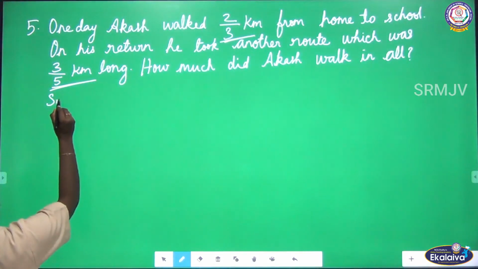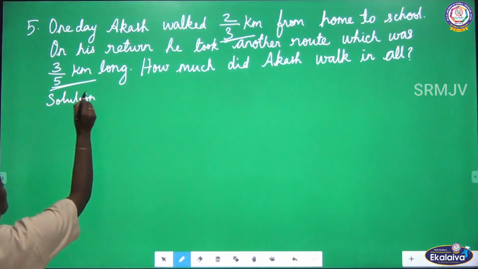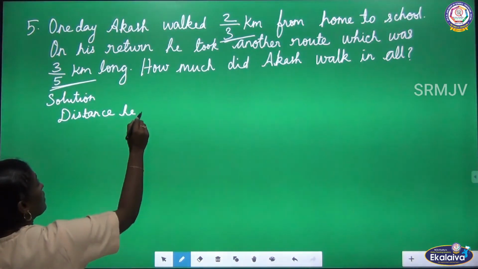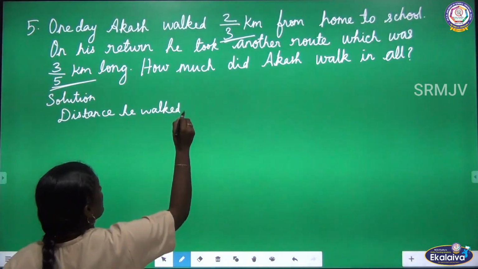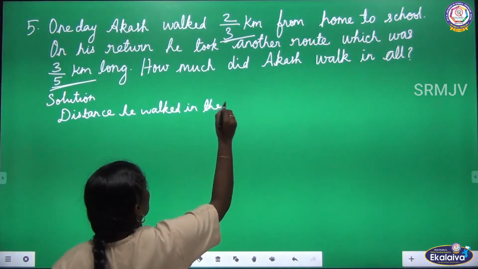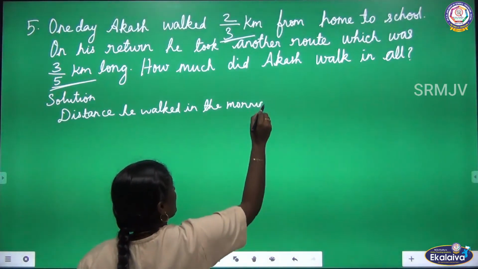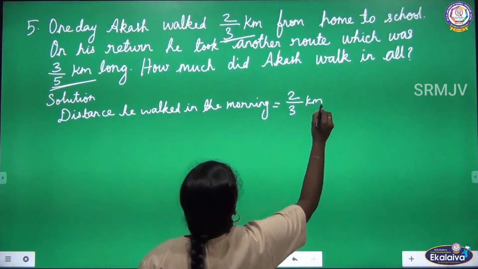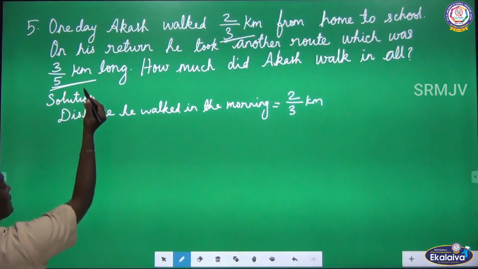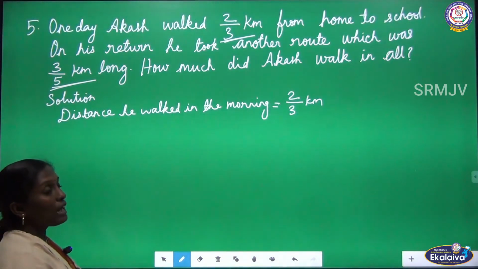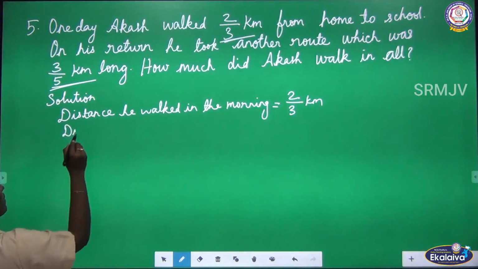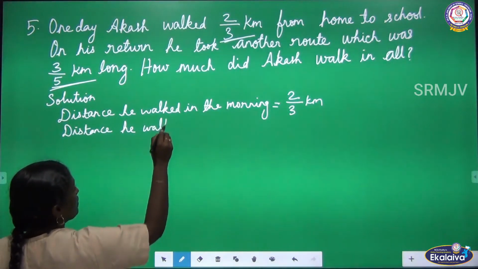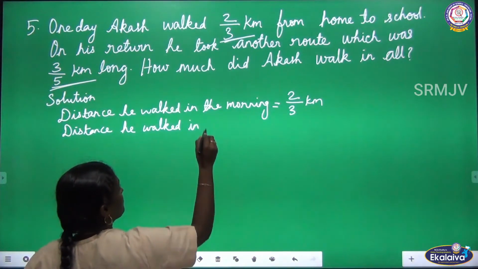Okay. So solution, distance he walked in the morning is equal to 2 by 3 kilometer. Then distance he walked in the evening while returning from school, that is evening. Okay. So we are writing distance he walked in the evening.